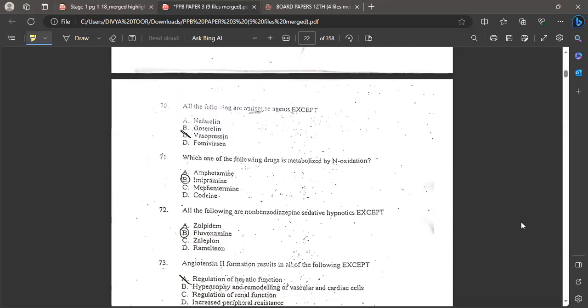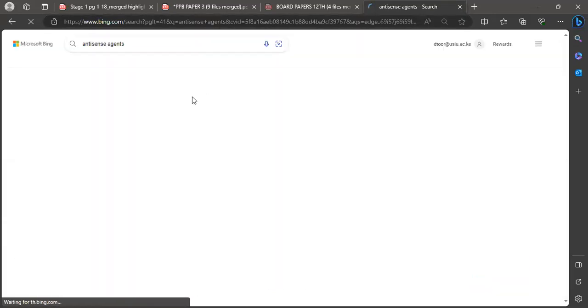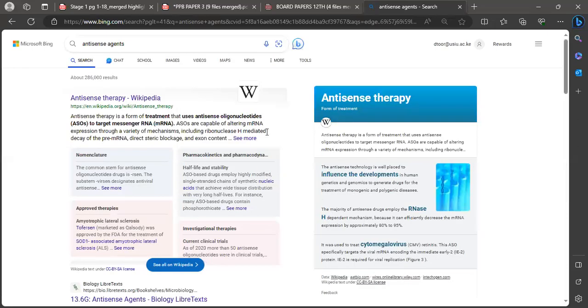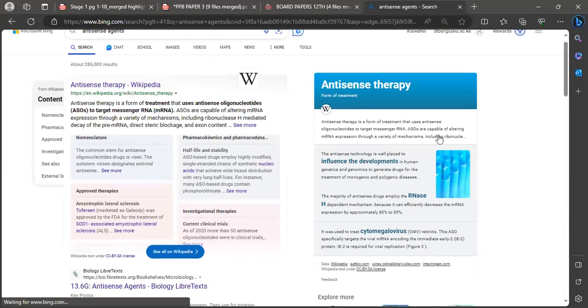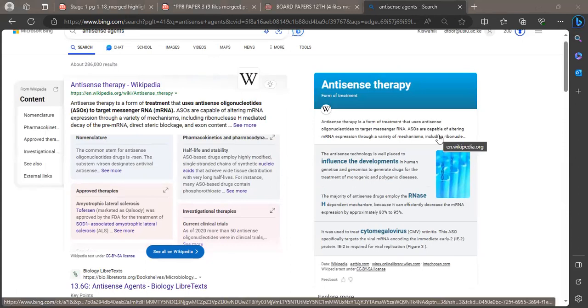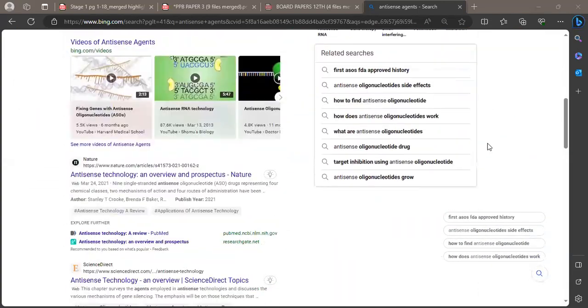All the following are antisense agents except... What are antisense agents? Let me search for you. Okay, so it's a form of treatment that uses antisense oligonucleotides to target messenger RNA. They're capable of altering mRNA expression through a variety of mechanisms. Okay, one minute.